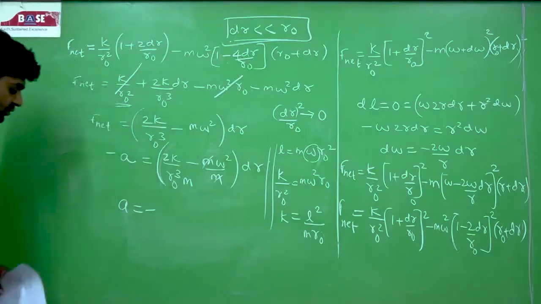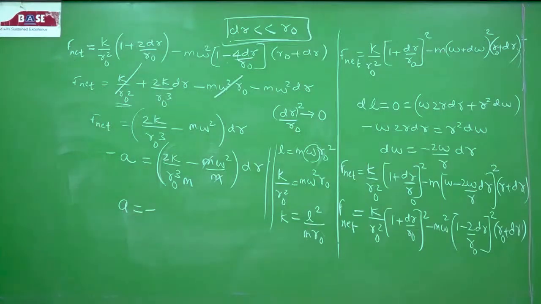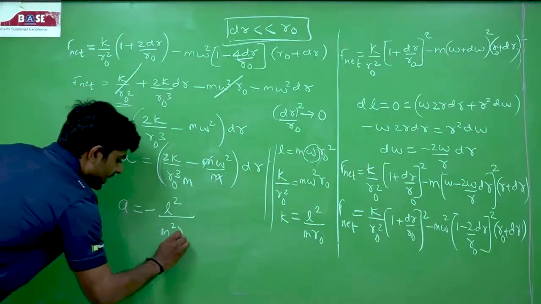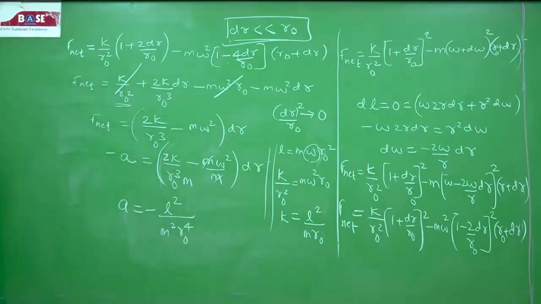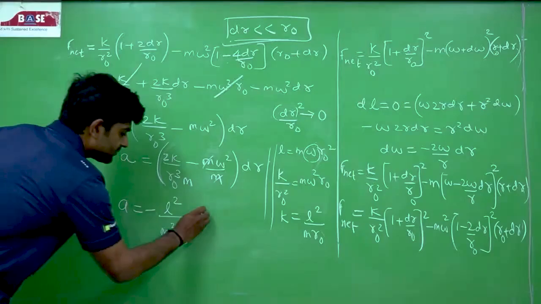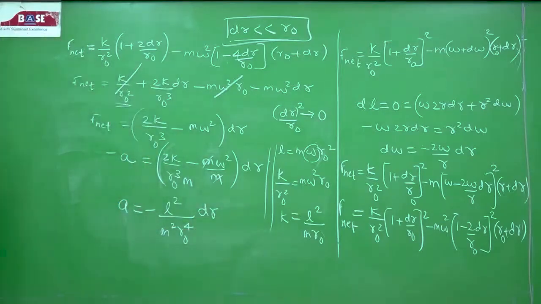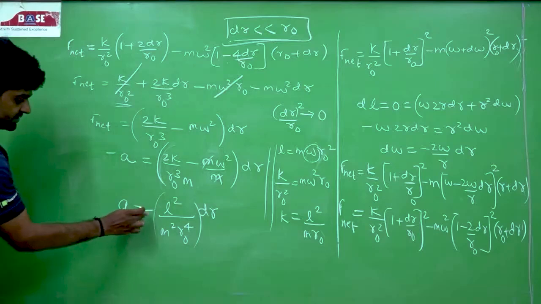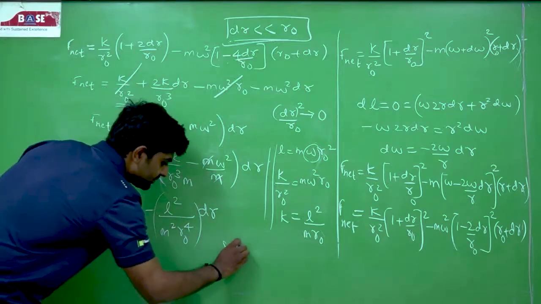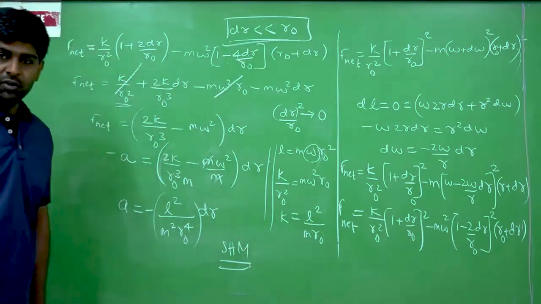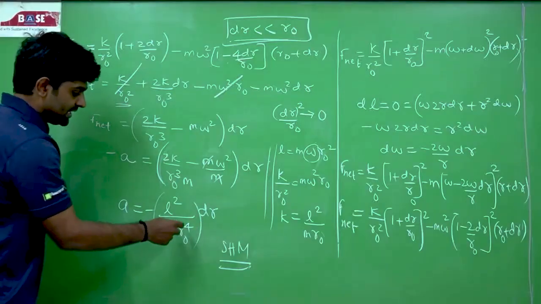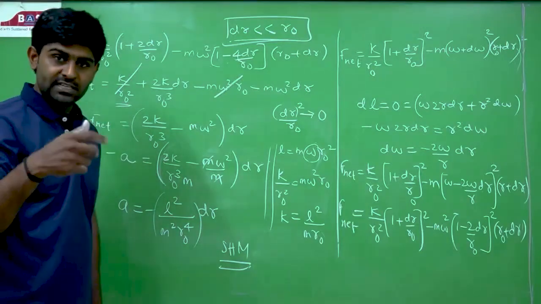As we do that, we'll get acceleration given by L squared by m squared r naught power 4 times dr. This is what we will get here. Once we have this entire thing, now it is a condition for SHM. I hope you know that acceleration and small displacement, this part is frequency getting squared.